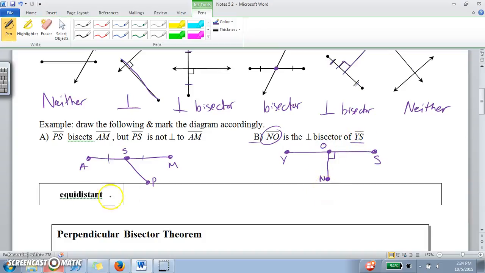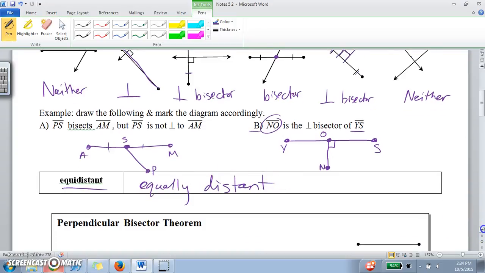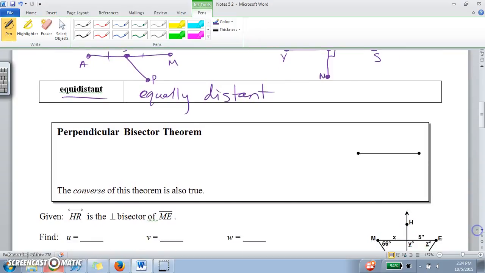Okay. The word equidistant just means equally or the same distance away. So equally distant away, just like it sounds. So we've got a perpendicular bisector theorem.